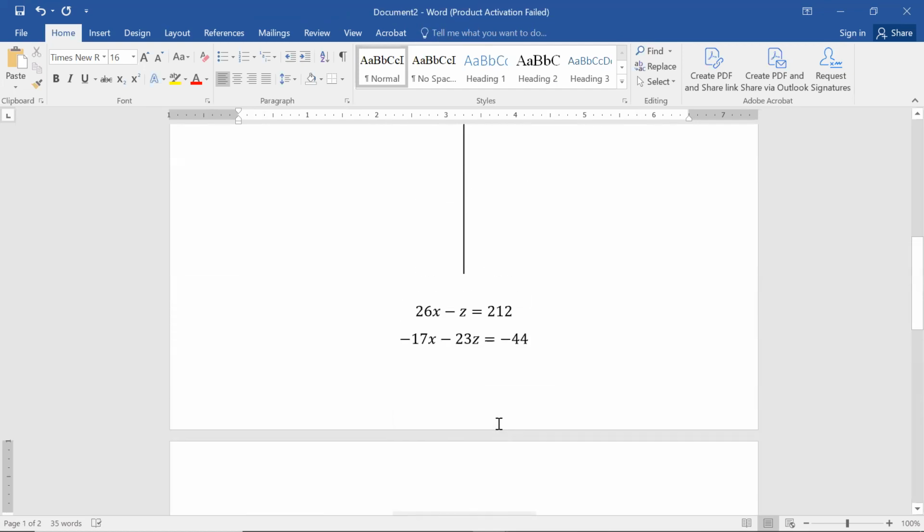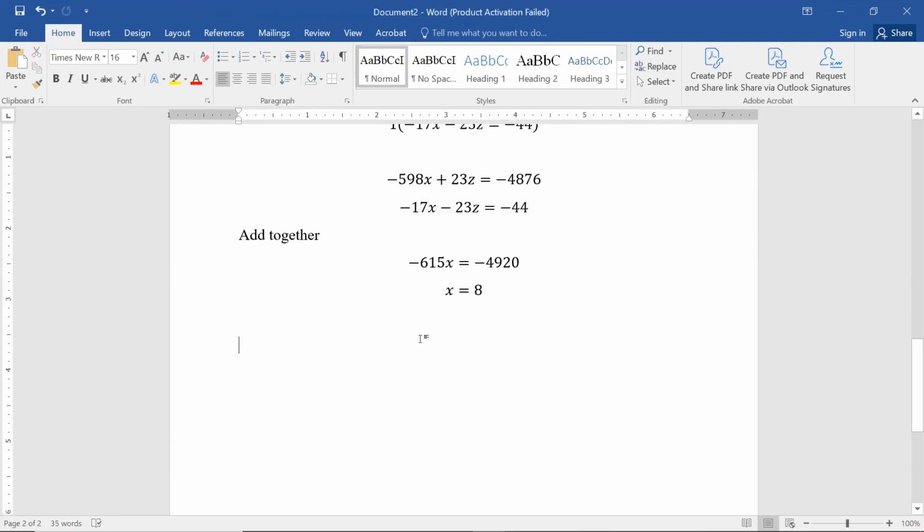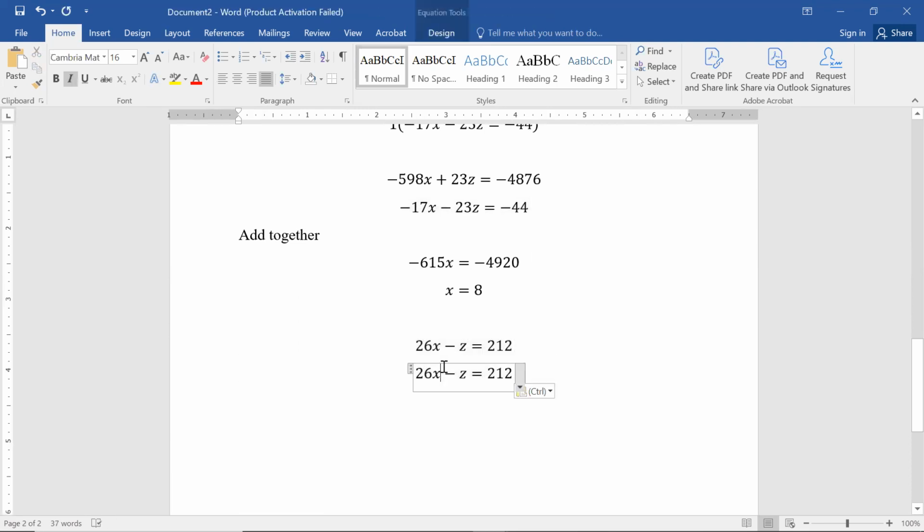And now I can go back to one of these xz equations. I think I'll use the first xz equation and plug in 8 for that x value. Solving 26 times 8 is 208.